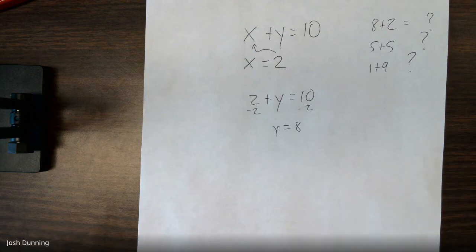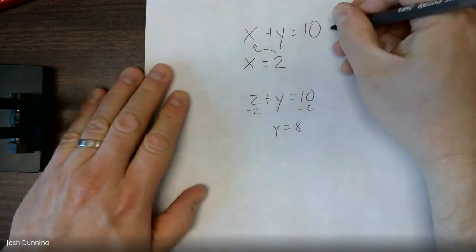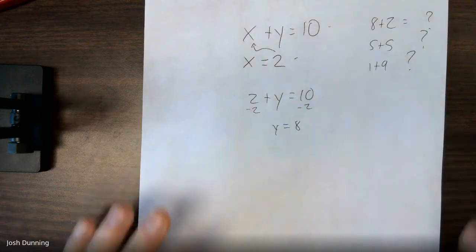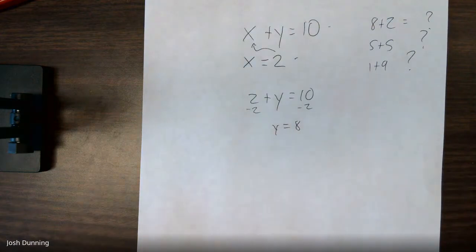So if you have two variables, you need two equations to get an answer. If you have three variables, you need three equations. If you have four variables, you need four equations to get a definite answer. These are called systems of equations. Now, in algebra, you would have done just two variable and two equation systems. If you take trig next year, you'll do three.